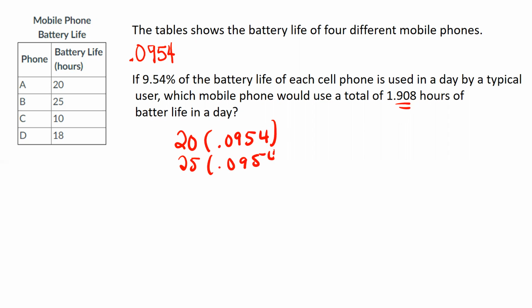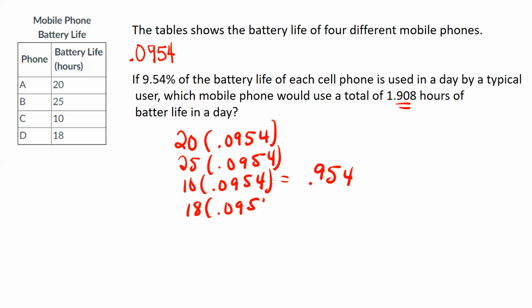So see guys, if you can do it before me. Well, I know 10% just moves your decimal 1 place to the left, so that would be 0.954. And then 20 times our decimal. So in our calculator, we're just multiplying 20 times 0.0954.